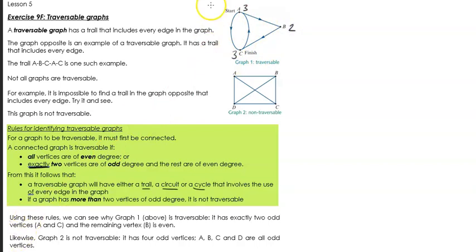We have exactly 2 odd numbers, and this 2 is an even one. This satisfies the rule, meaning that it is traversable. But when you look at this other one, all of these are 3. As soon as we hit more than 2 odd vertices, we know it doesn't satisfy any of these characteristics, so it's not traversable.